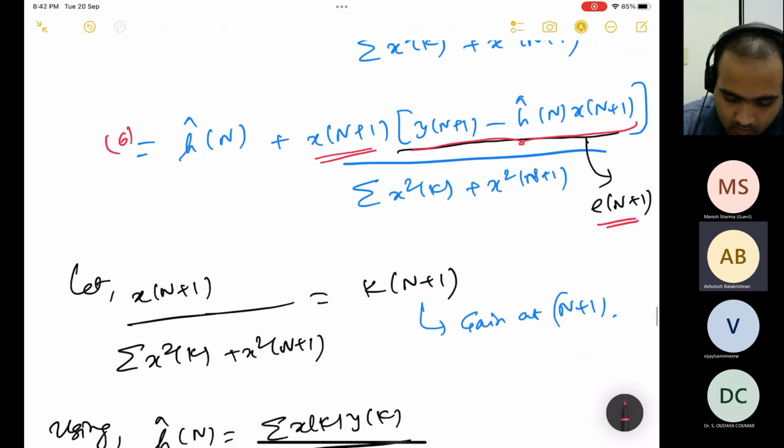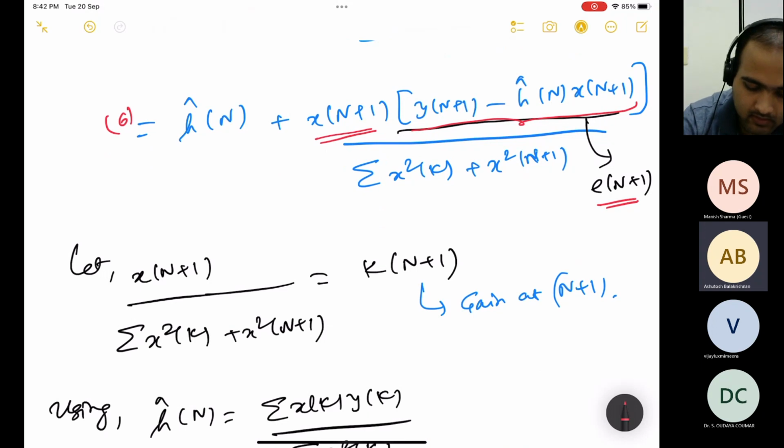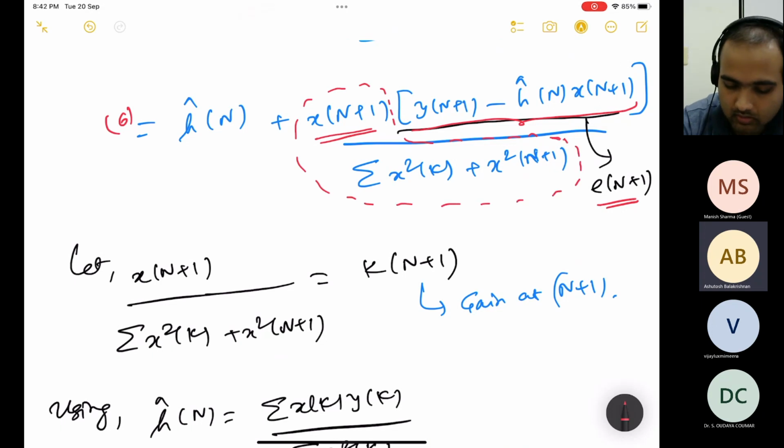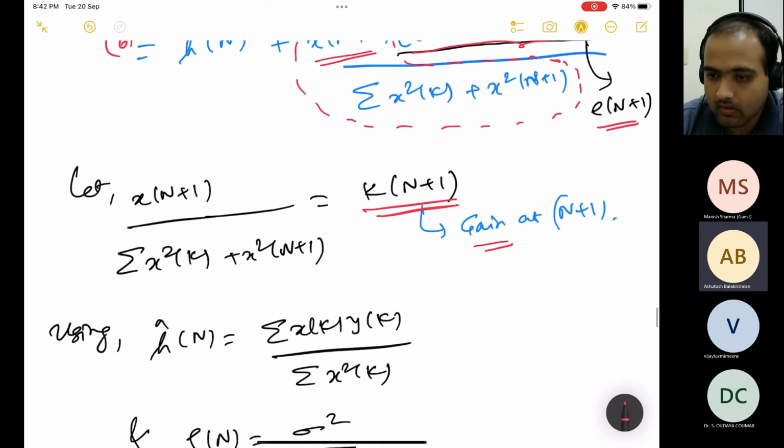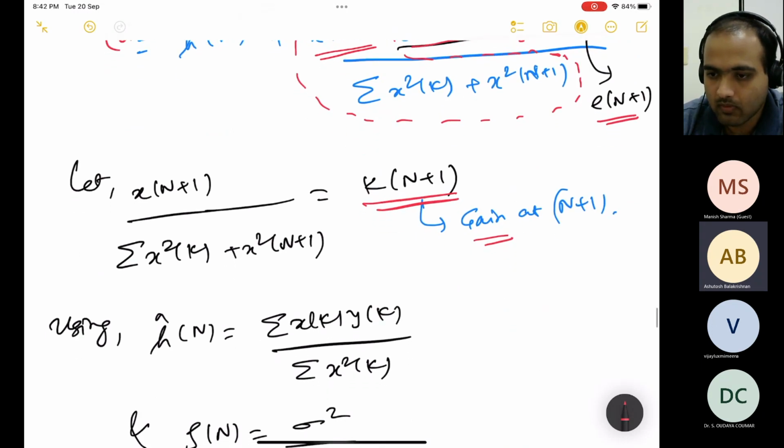The remaining part of the second term we denote with another variable, k n plus 1, which is defined as the gain at time n plus 1. Any confusion?